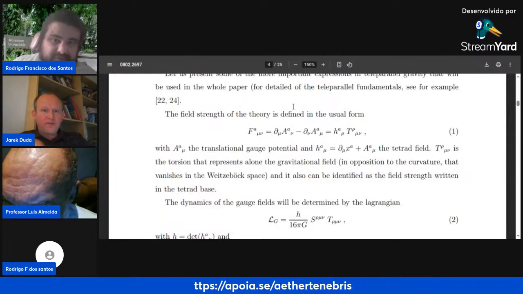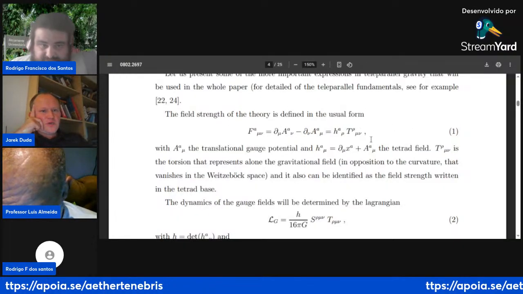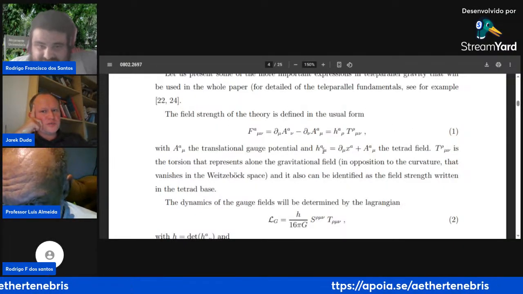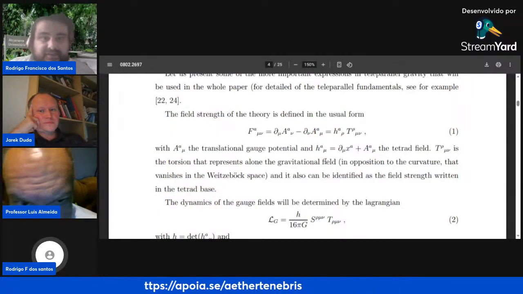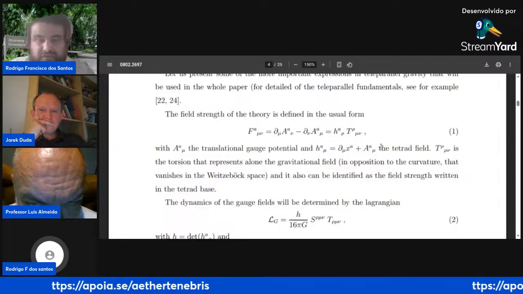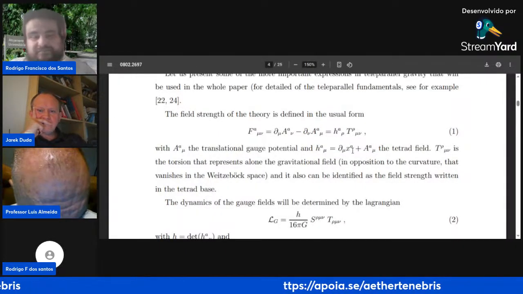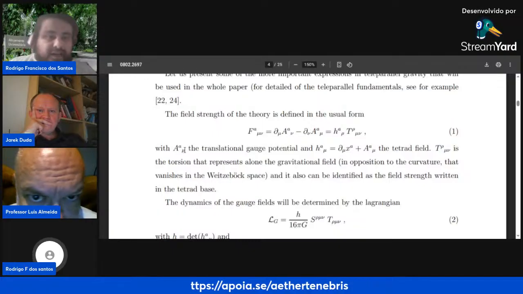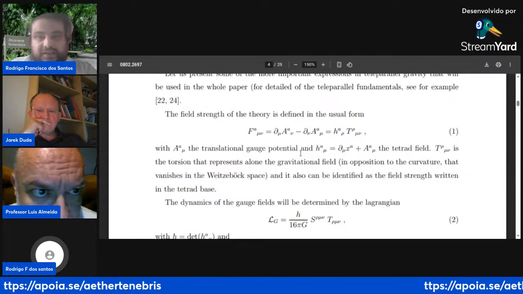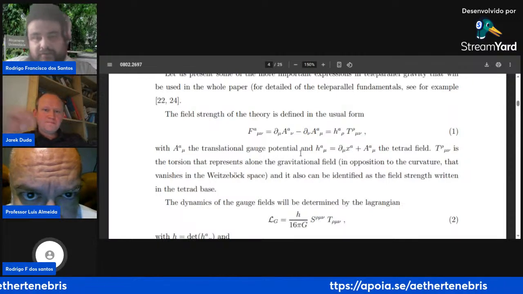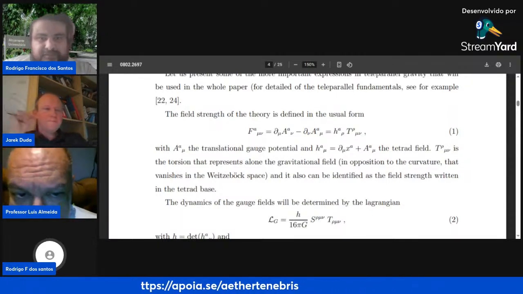Yes. So you have the F, sure. So here we agree. But what is the A field? For me, the A field is connection. And the field strength and the potential translation gauge potential in your work are the same thing.